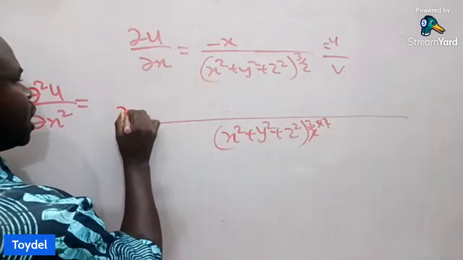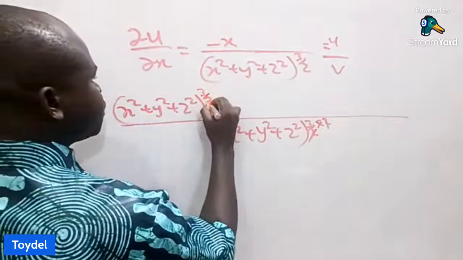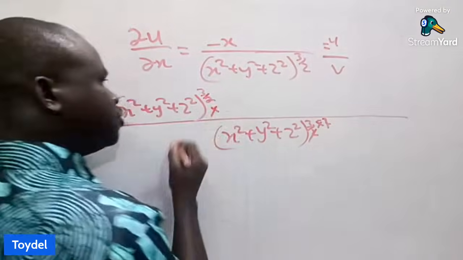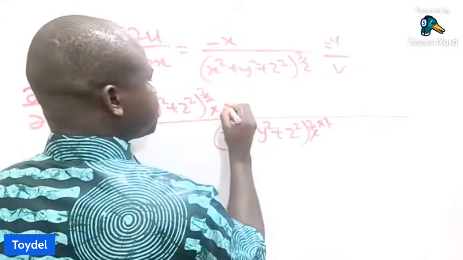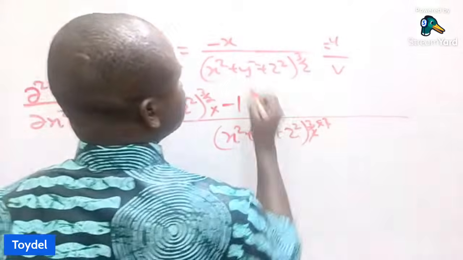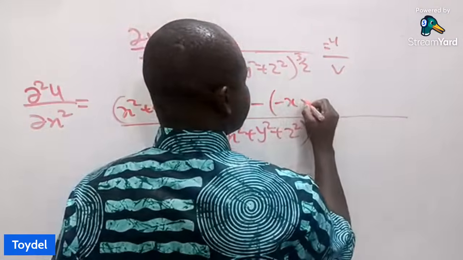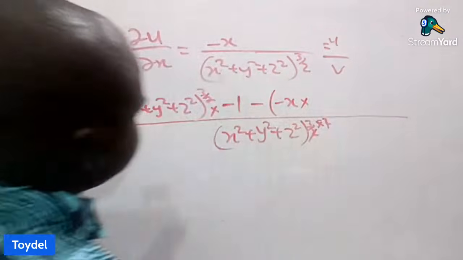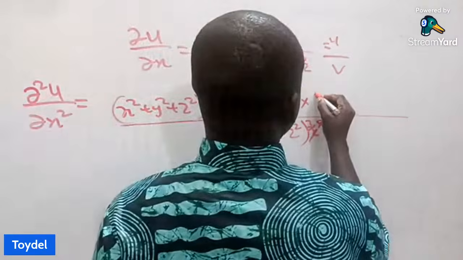The down one, x squared plus y squared plus z squared raised to 3 all over 2, multiplied by v du. If I differentiate this, it is x, that will be multiplied by minus 1, minus u, which is minus x, multiplied by, and I want to differentiate what I have here. So if I differentiate what I have here, 3 over 2 will come down.